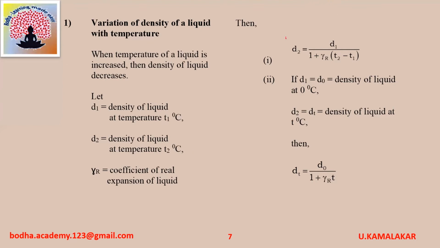Then D2 is equal to D1 divided by 1 plus gamma R into T2 minus T1. If D1 is equal to D0, that is density of liquid at 0 degree centigrade, and D2 is equal to Dt, that is density of liquid at T degree centigrade, then Dt is equal to D0 divided by 1 plus gamma R into T.